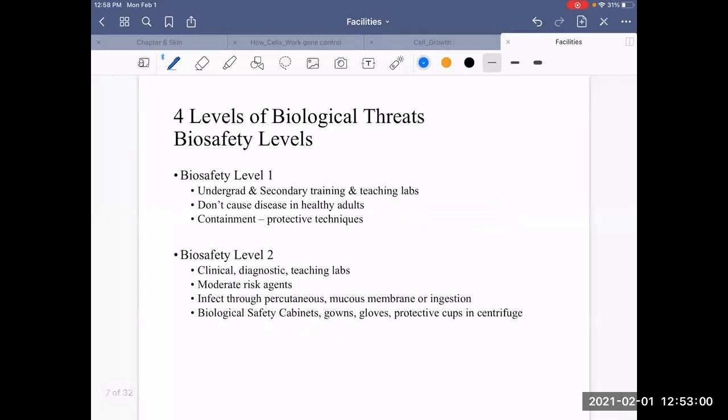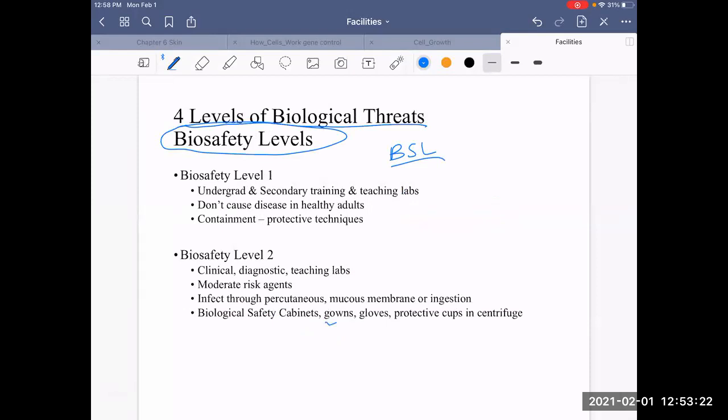Okay, so let's talk about the 4 levels of biological threats. These are the biosafety levels. Lots of times they say BSL. Level 1 is where we work. We do some level 2 stuff, okay?